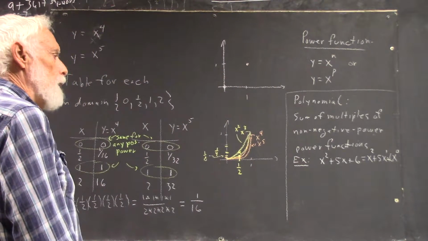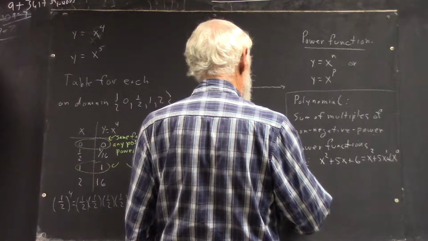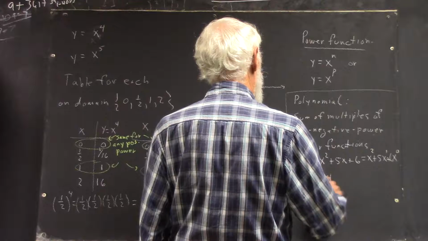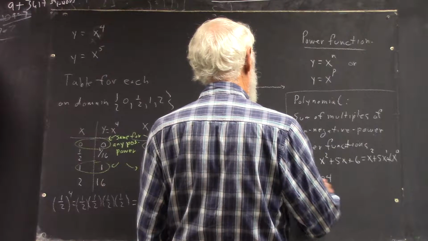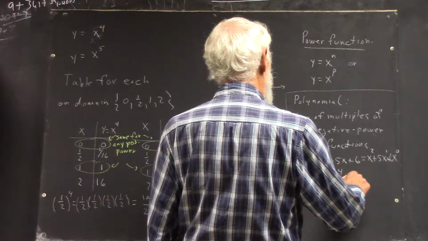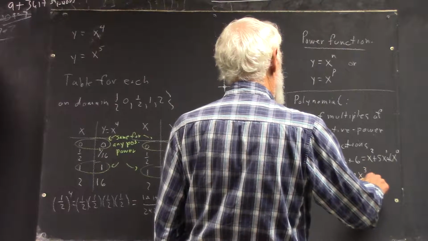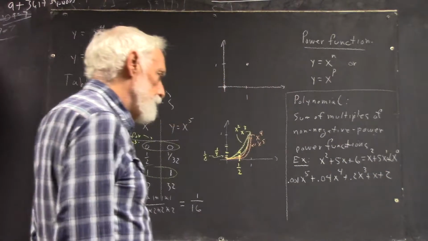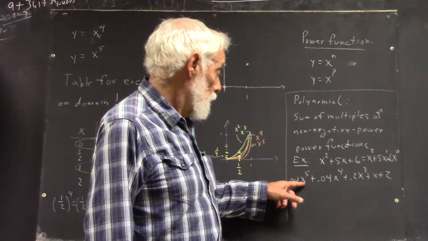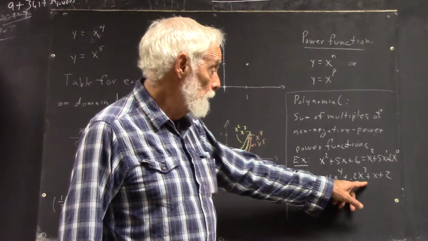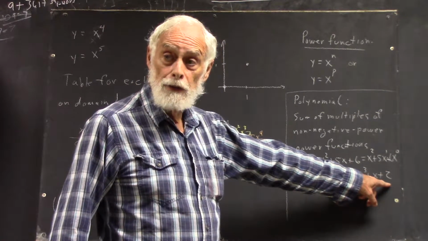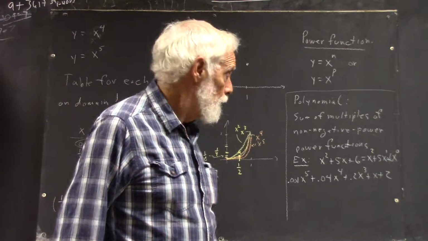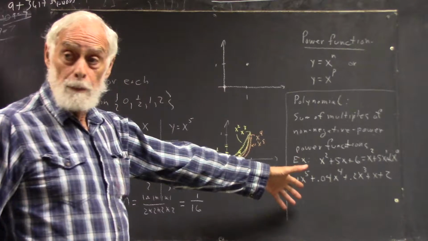Okay, so we have that. Example. This. A multiple of x to the fifth, a multiple of x to the fourth, a multiple of x cubed, and a multiple of x to the 0, which is constant. Okay? Easy to identify a polynomial.